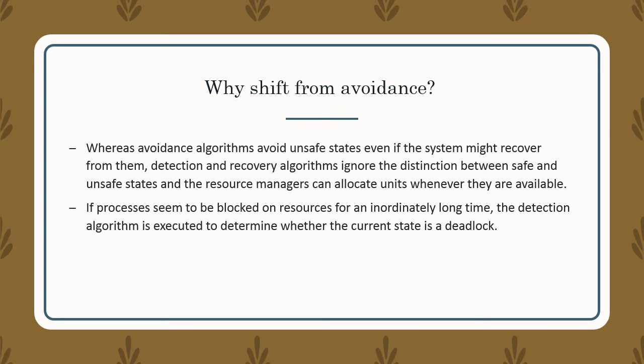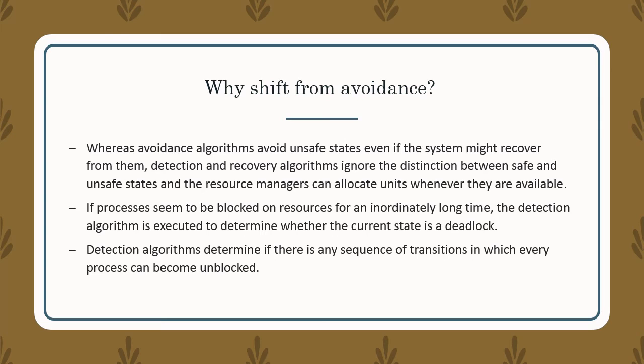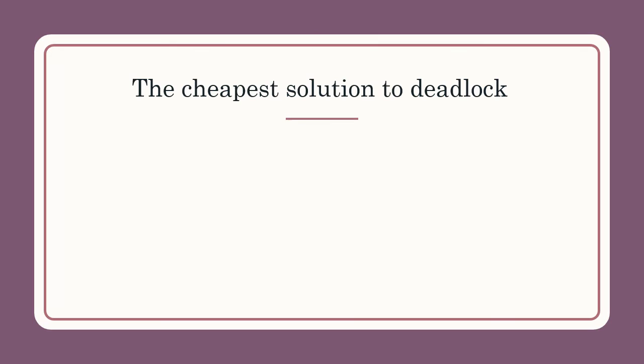If processes seem to be blocked on resources for an inordinately long time, the detection algorithm is executed to determine whether the current state is a deadlock. Detection algorithms determine if there is any sequence of transitions in which every process can become unblocked.